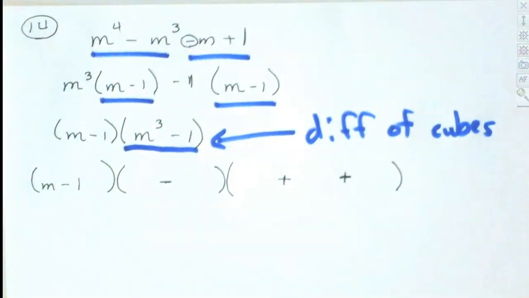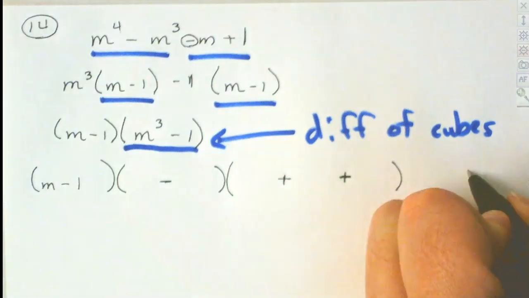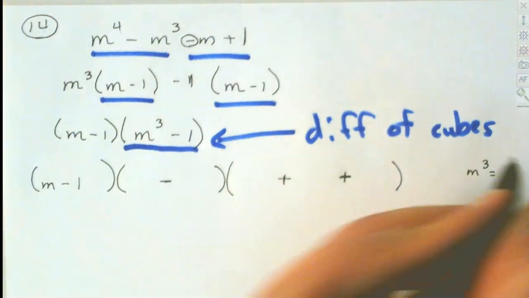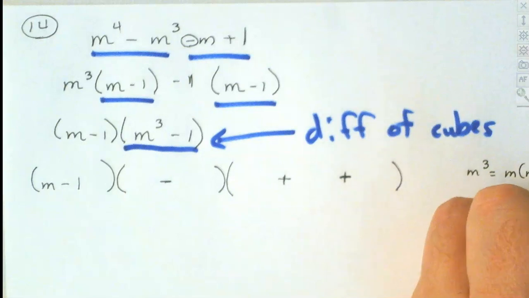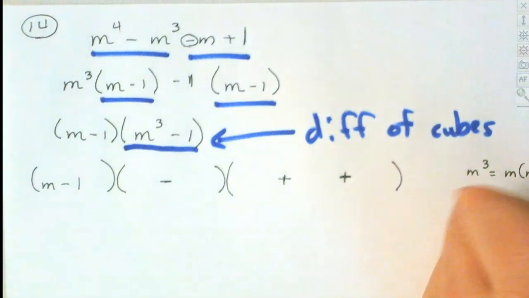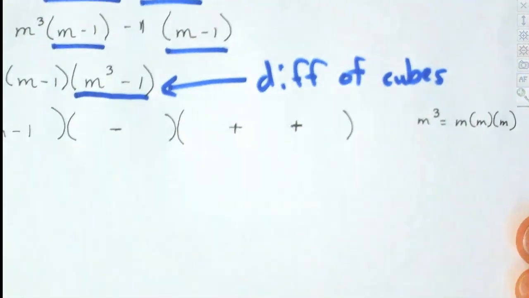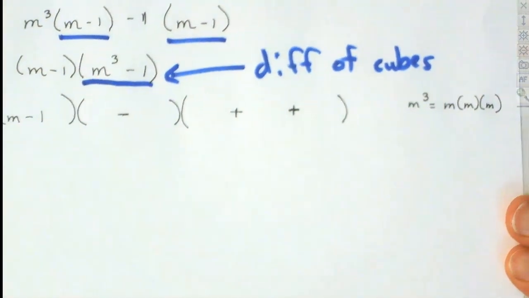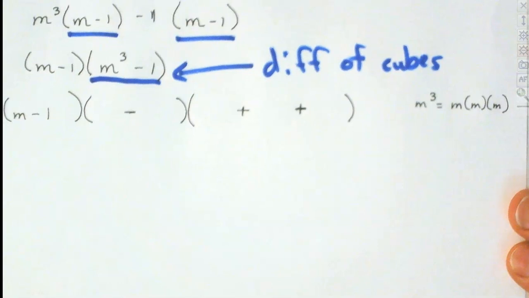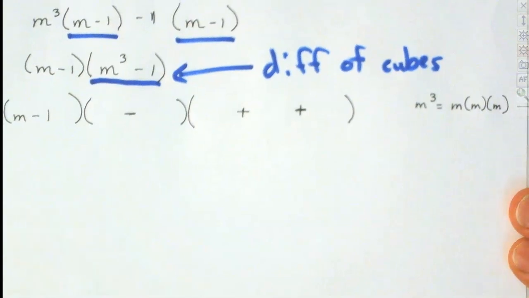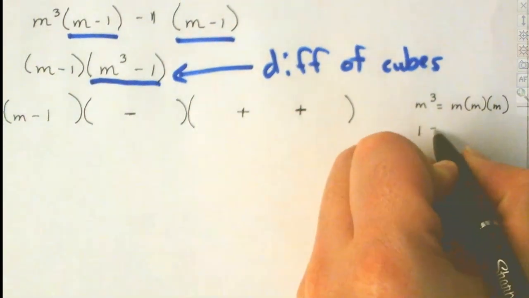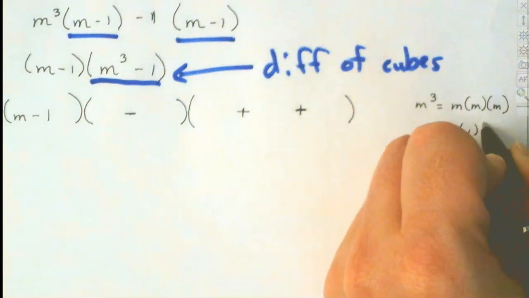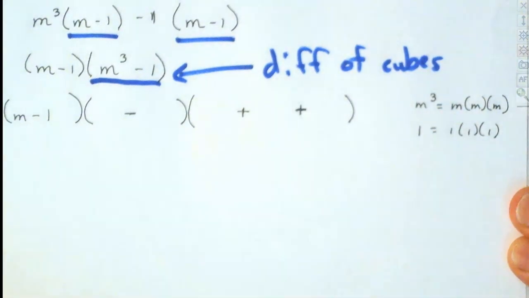So minus, plus, plus. M cubed, what is that? If we break it down, m times m times m, right? There's 3 of them there. What about 1? 1 is a perfect square and cube. So 1 is 1 times 1 times 1. So now we fill it in.